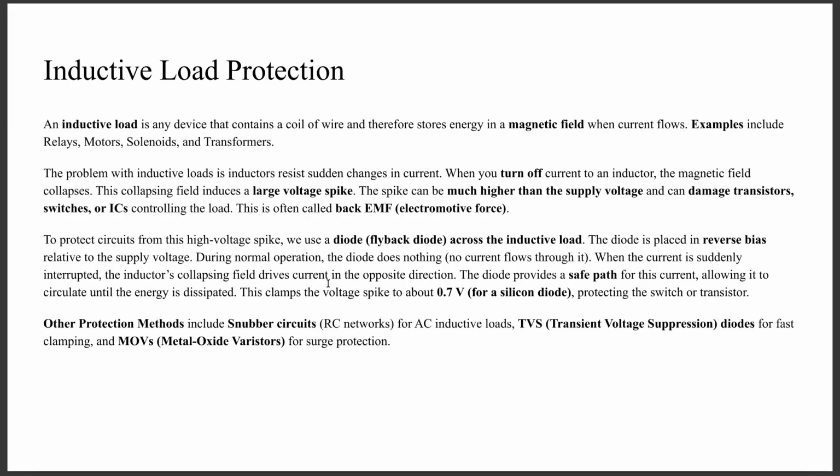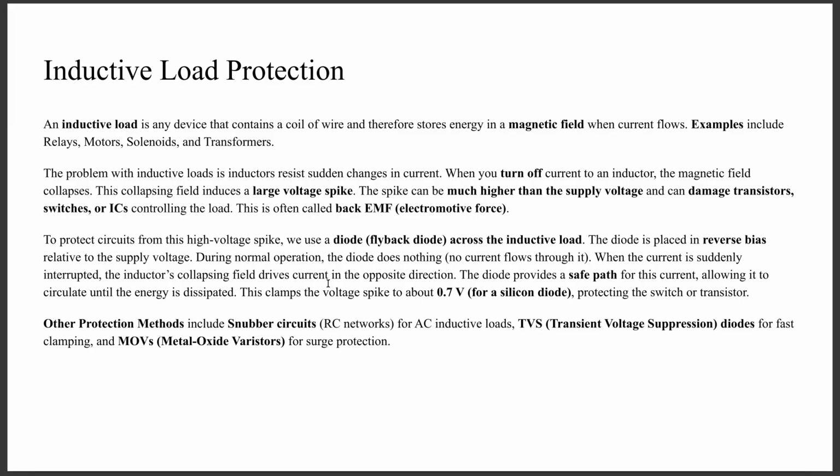To protect circuits from this high voltage spike, we use a diode across the inductive load. The diode is placed in reverse bias relative to the supply voltage. During normal operation, the diode does nothing. When the current is suddenly interrupted, the inductor's collapsing field drives current in the opposite direction.